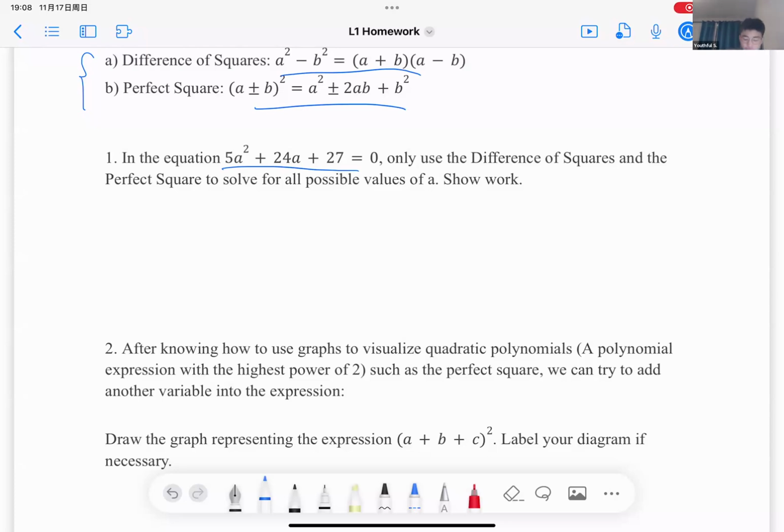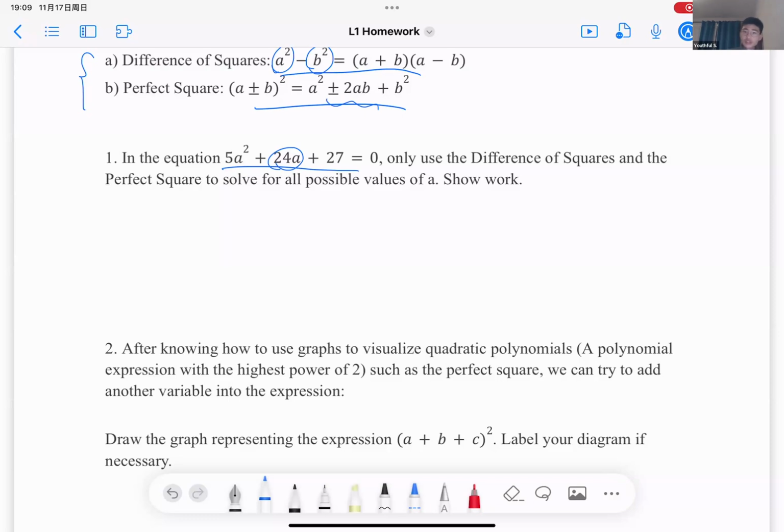Well, if you use the difference of squares, it's only something squared minus another squared. So let's assume b in this case is a constant. So it will only be something squared minus a constant, right? It cannot be something like 24a. So I suggest that the 24a is only for the middle term in the perfect square equation.